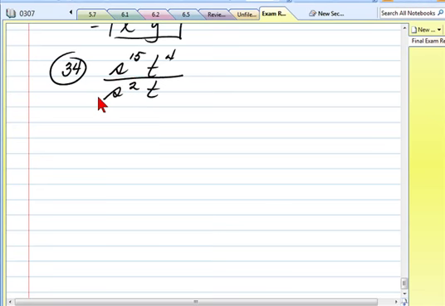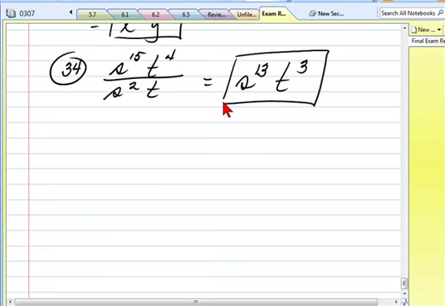No. Do I have the quotient rule? Yes. So the quotient rule says to do what with the exponents? Subtract. So I'll have s to the 15 minus 2, which is 13, t to the 4 minus implied 1, which is 3. So I use the quotient rule on that one.